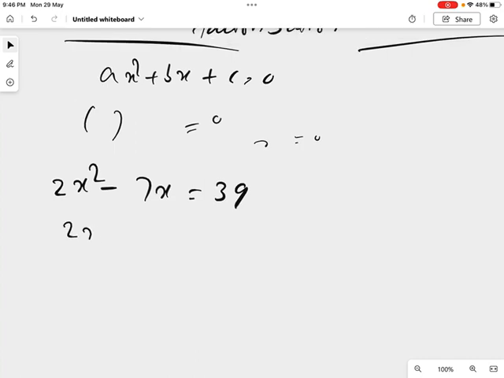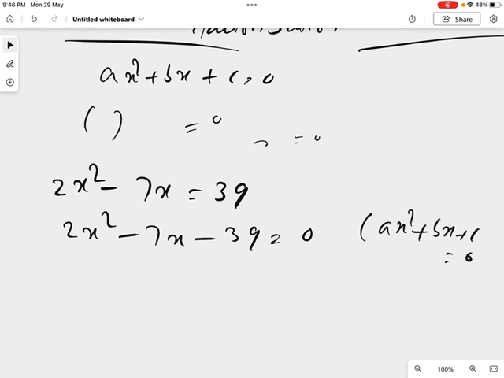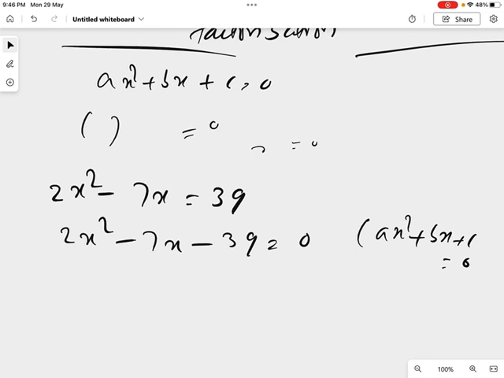Transpose the 39 to the left hand side, then 2x square minus 7x minus 39 is equal to 0, expressed in the form ax square plus bx plus c is equal to 0. Next, 2x square minus 13x plus 6x minus 39 is equal to 0. That is factorizing the left hand side.